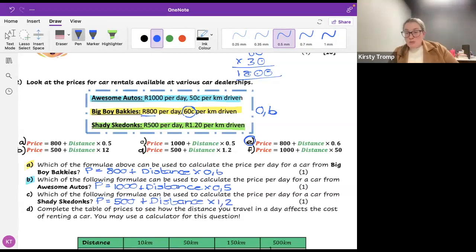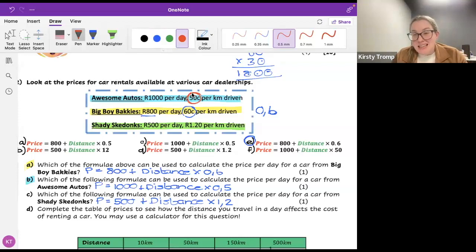1,2. So just a reminder, guys, when you are working with formulas, you want to make sure that you are working with all the same thing. So if you're working with rands, you want to make sure that you've got everything in rands. When we had Awesome Autos before, we could see that this part of the sentence was in cents.